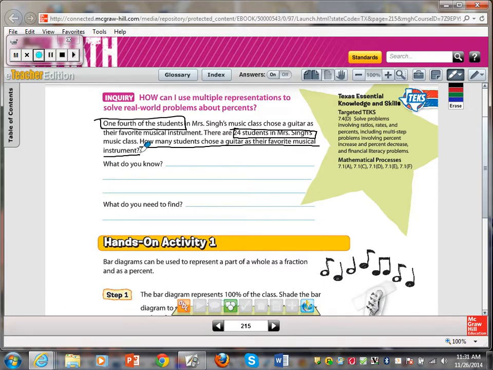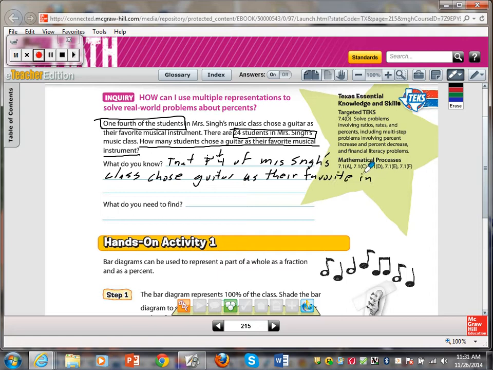Now, what do you know? Well, we know that 1/4 of Ms. Singh's class chose guitar as their favorite instrument.